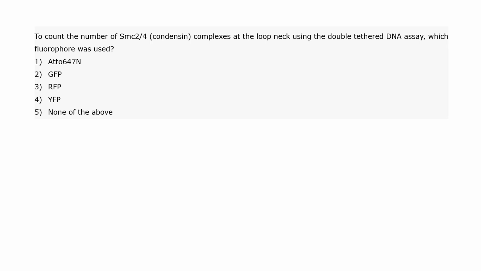GFP, green fluorescent protein, red fluorescent protein or yellow fluorescent protein are all bulky in nature. But Atto 647N is not that bulky and hence can act as a fluorophore, and it also has a high lifetime against quenching, because a fluorophore, after a long period of exposure to a laser, starts to quench out.